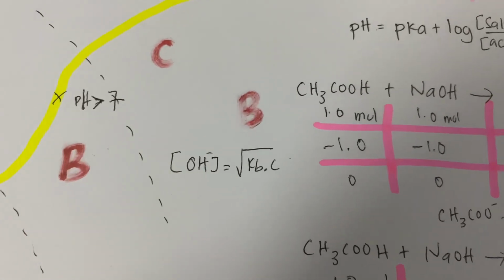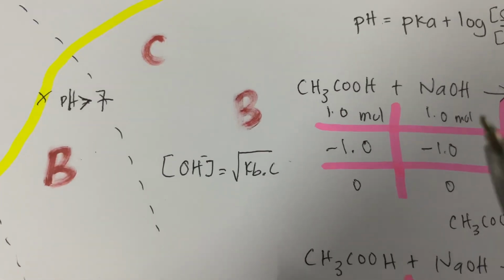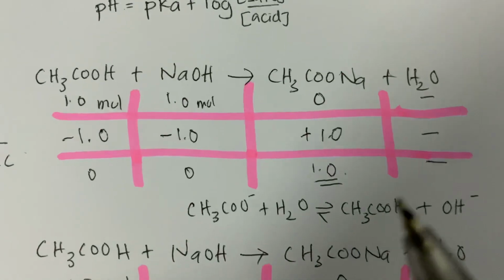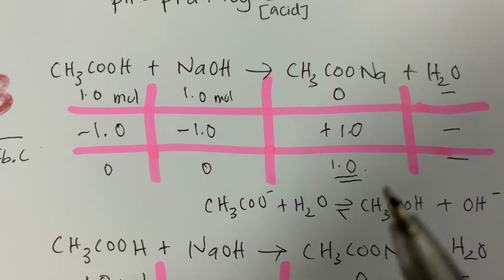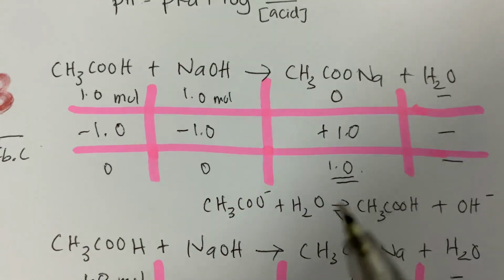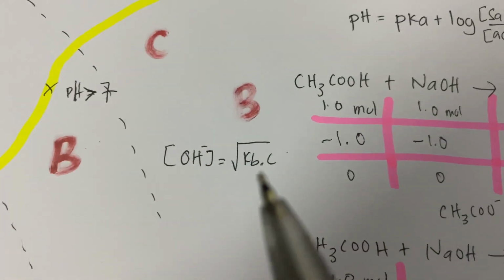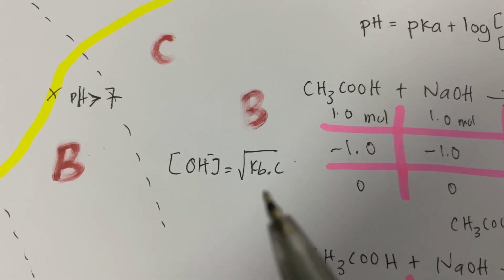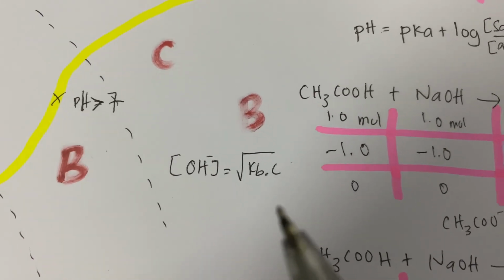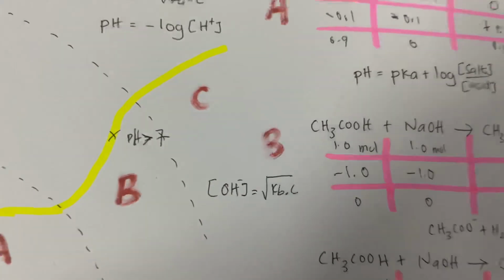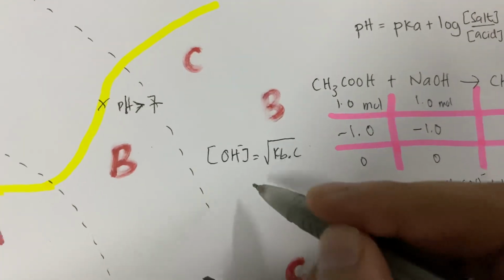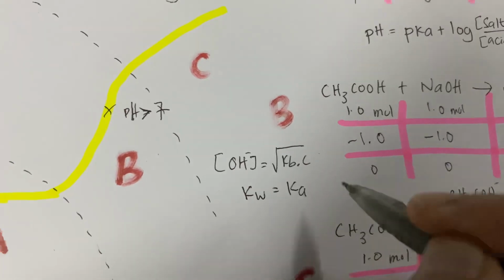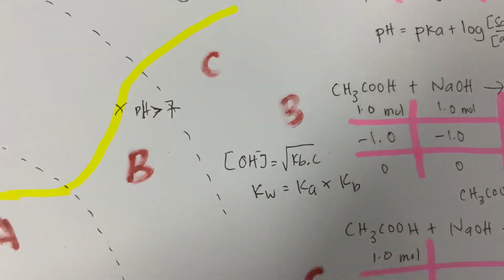The problem is, the Kb is not given to you. C is concentration. You can use this one because this is the concentration of the salt being produced. But sometimes Kb is not given to you. So how do you get the Kb value? In the question, Ka will be given. If Ka is given to you, you can use this formula here: Kw equals Ka times Kb.